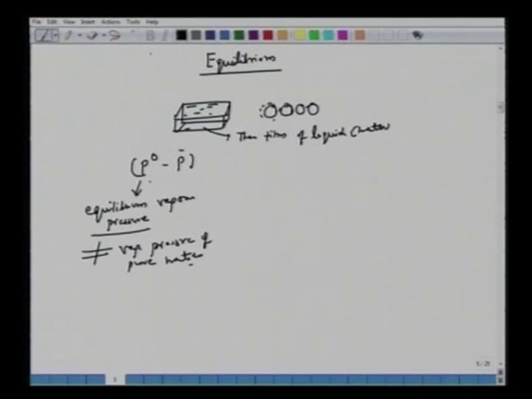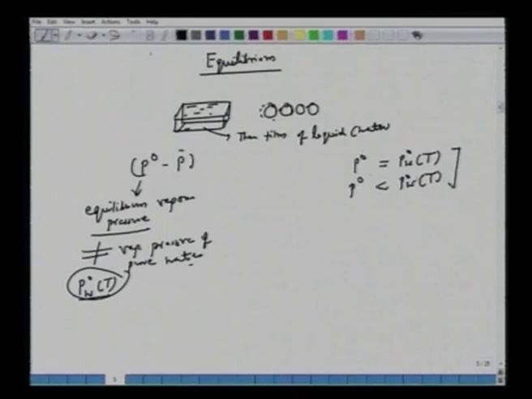So what we are saying is that if pure water has a vapor pressure, let's say P0W at T, it's possible that the vapor pressure at the solid surface need not be P0W at T. We will see that there are two different ranges. In one case P0 is the same as the vapor pressure of pure water, and in most of the other cases, at different times, this P0 is less than the vapor pressure of pure water.